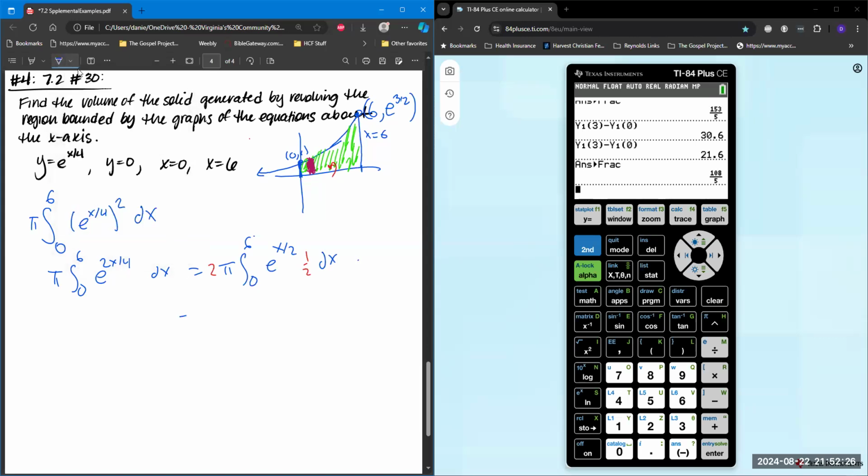And that gives me 2 pi e to the x over 2, evaluated from 0 to 6, is 2 pi times e cubed. 6 divided by 2 is 3, minus e to the 0 is 2 pi e to the 3rd minus 2 pi.